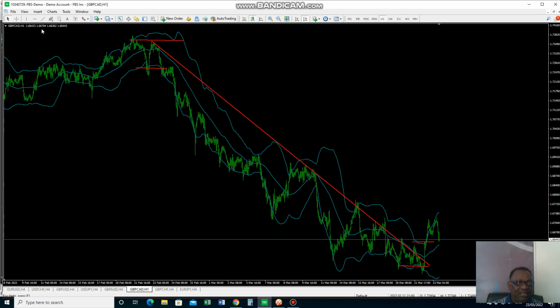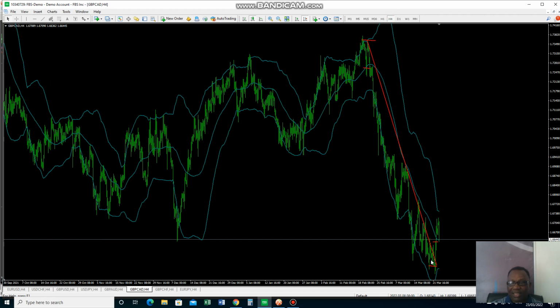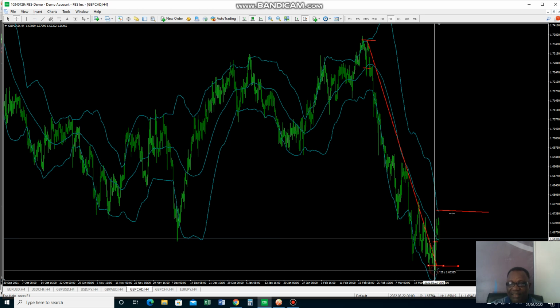If we put this Pound AUD on 4 hours, it will be very clear that the Bollinger Band on 4 hours is down. That is the line I drew in 1 hour, and this is the 4 hours. So once the Bollinger Band is also down here, you know your execution for buy is permanent.